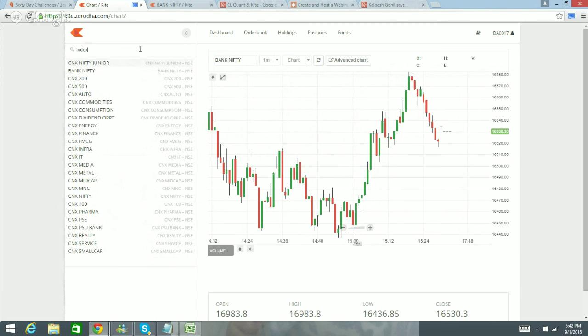He's done it already. You search for index, and it'll show all the index data that we're getting right now. This search is so cool, it's not even funny. You can search for index and it'll show all the indices out there. What else?